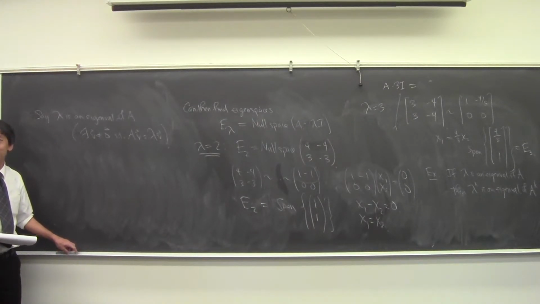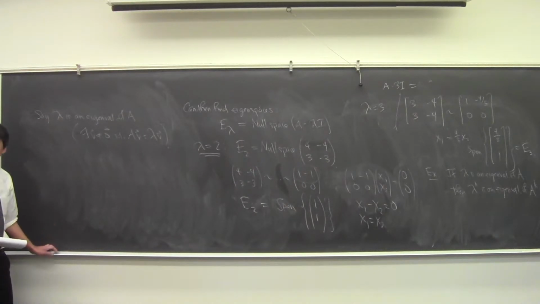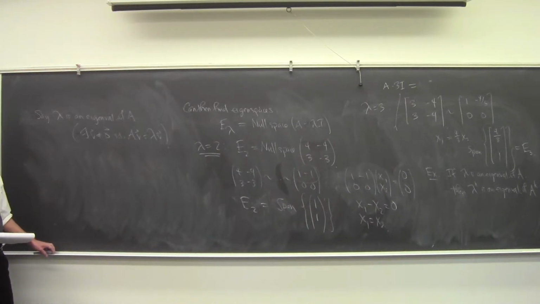Do you use proof by induction? By induction? Maybe, possibly. Yeah, go on. Since you know AV is equal to lambda V, that's like your base case. Yeah. And then you can assume A to the k minus 1 times V is equal to lambda to the k minus 1 times V, and then you just prove the last step. Yeah, that'll do it.